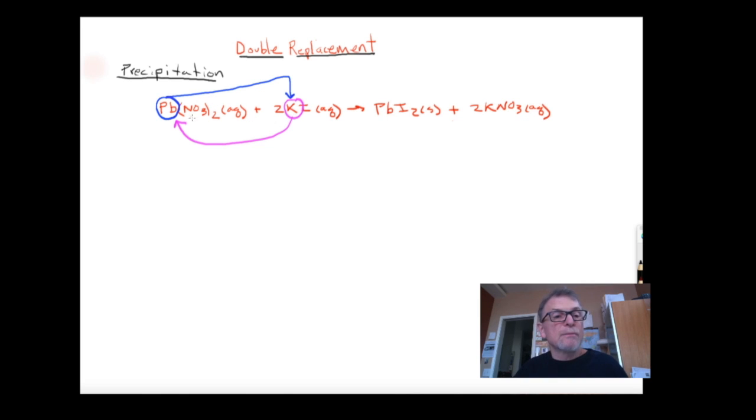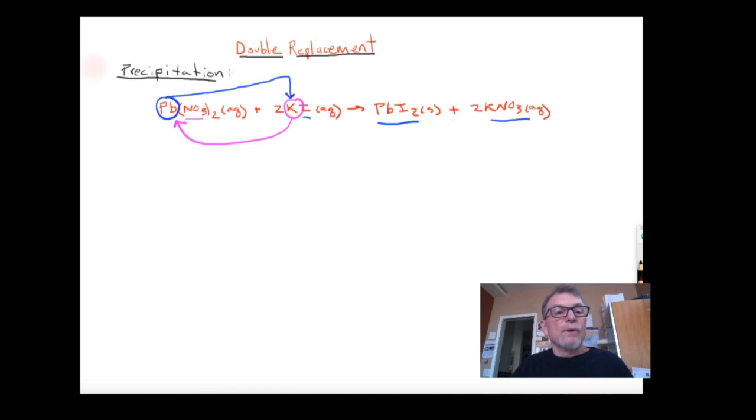So the potassium is going to be paired up with the nitrate, and the lead is going to be paired up with the iodide. And you can see that in the two products here, where the lead has essentially bonded to the two I's, and the potassium has bonded with the nitrate. All right, so a double replacement reaction is a situation where the two cations are exchanging dance partners.